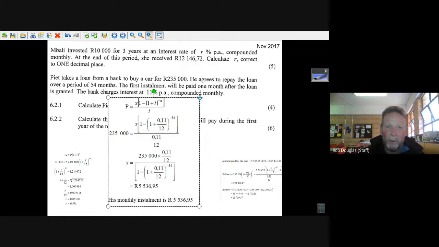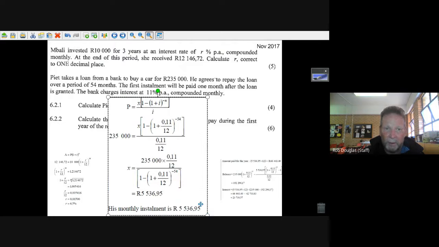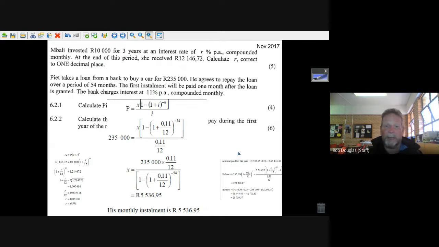Whenever they say the word loan, you're off to a good start if you just write down the present value formula. There's the loan, P, the present value of the loan. Right now it's 235,000. That goes in for P. We don't know what X is.